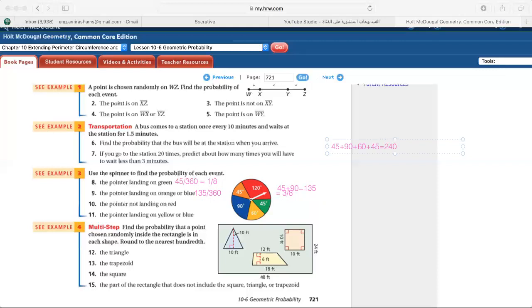So they are all 240. I have another way. The red is 120, and the total measure of the angles is 360, so I can subtract 120 from 360. So it will also be 240. So I can write here 240 over 360.